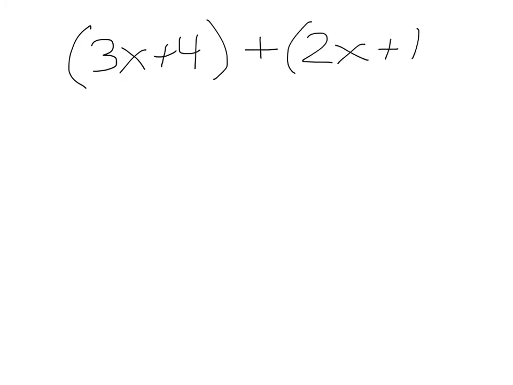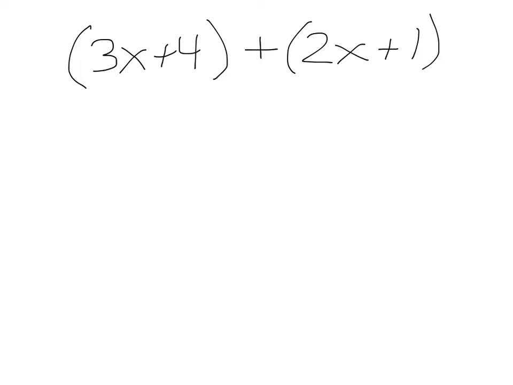For example, if I said 3x plus 4, and I want to add to that 2x plus 1, it's actually a very simple process, because all you have to do is simply add the like terms together.